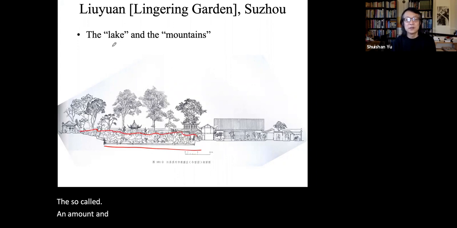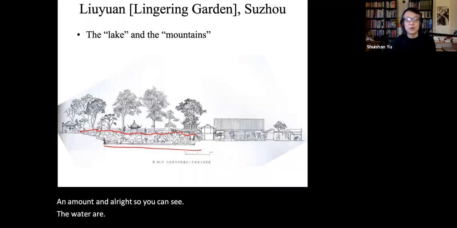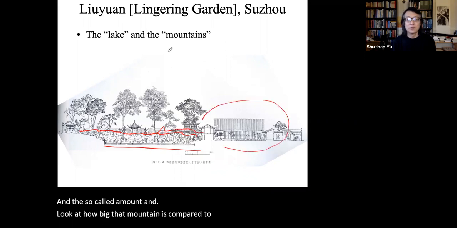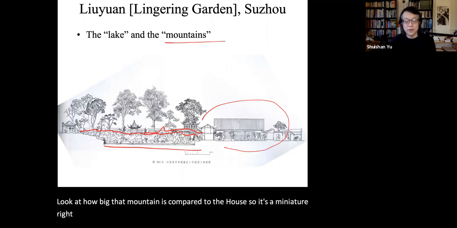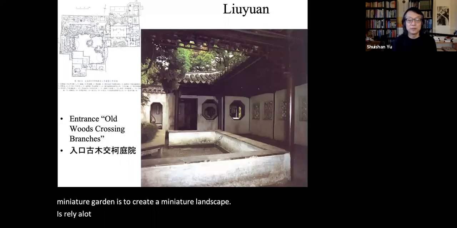You can see the water is no more than a shallow pool, and the so-called mountain, look at how big that mountain is compared to the house. So it's a miniature, right? A garden is meant to create a miniature landscape. It relies a lot on imagination.